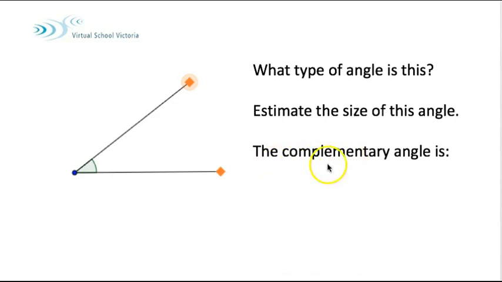When we talk about complementary angles, if we have a right angle, let me draw that for you. The complementary part is this part that we don't measure. So the angle that we measure and the part that makes up the 90 degrees is called a complementary angle. Try and remember that.